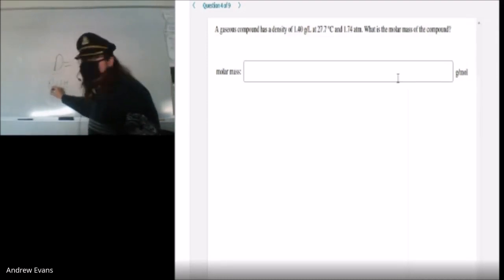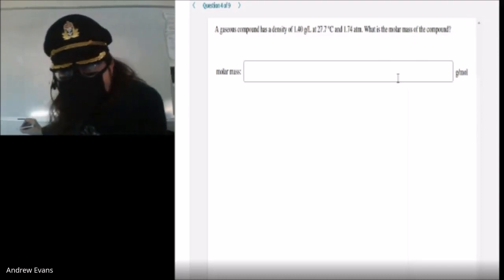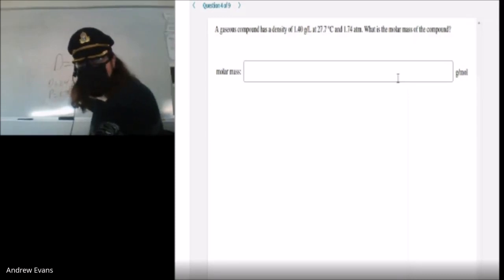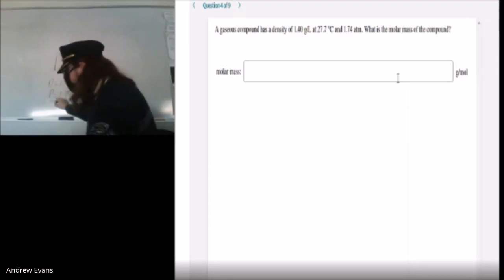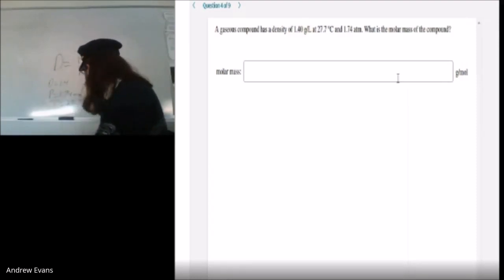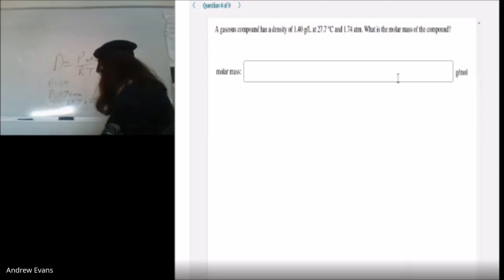The pressure is 1.74 atm, and the temperature is 27.7. So adding 273, we get 300.7.